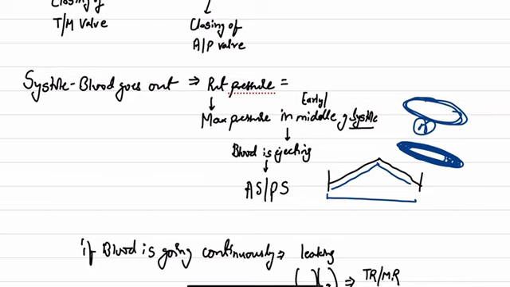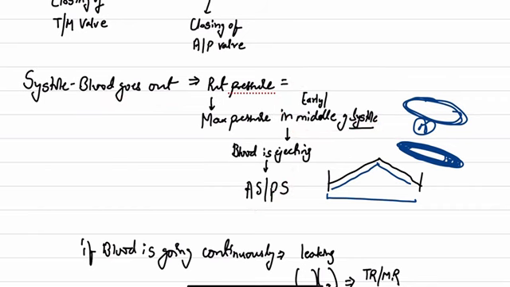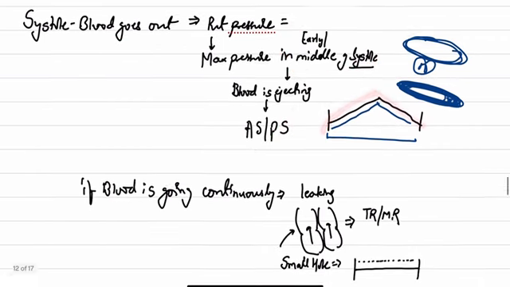It is seen in aortic stenosis or pulmonary stenosis, because blood is pushing out from the ventricle into the systemic circulation through the aortic and pulmonary valve. In stenosis, the murmur is a systolic murmur, a mid-systolic murmur, or crescendo-decrescendo murmur.